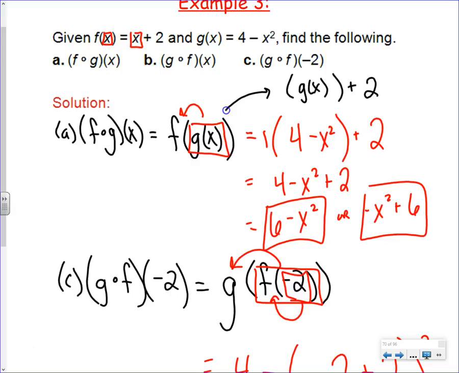So some of you might be helped a little bit if you were to write g of x plus 2 and then substitute who g of x is. For some of you that notation might help, so you might want to write that in the example.